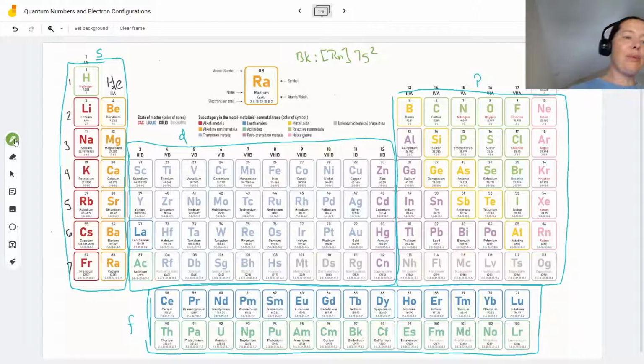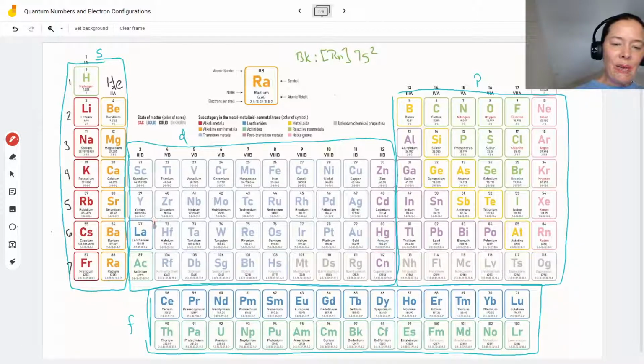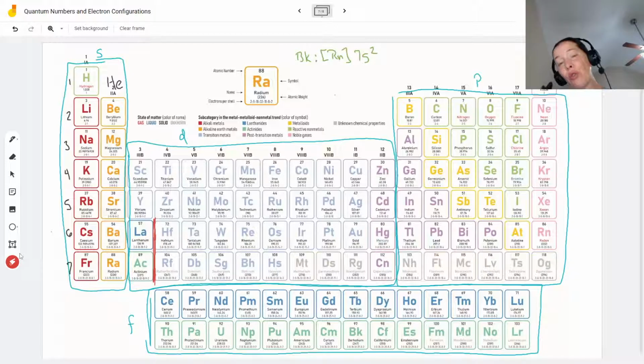So sometimes what I will do is I'm going to put a nice bright red line right here to remind myself that if I have to cross that line when I'm doing electron configurations, I need to add my Fs in. Because you can see up here with lanthanum is number 57 and hafnium is number 72. You lost 14 electrons.